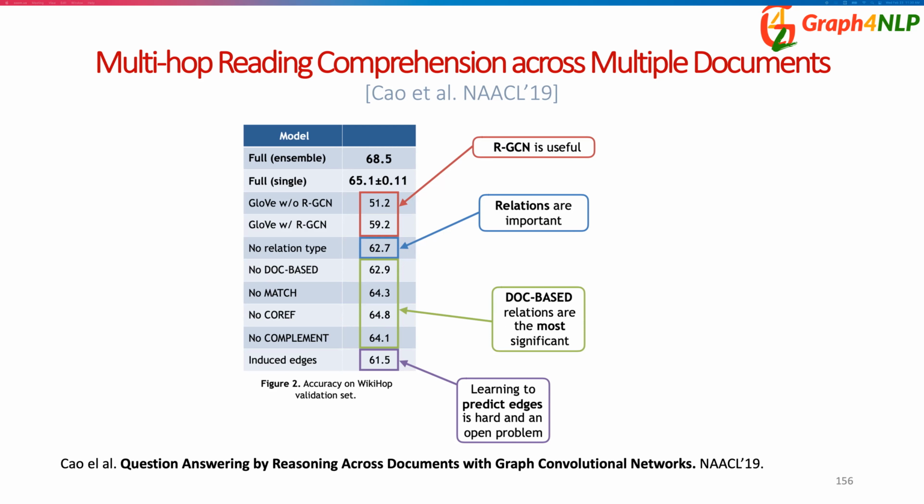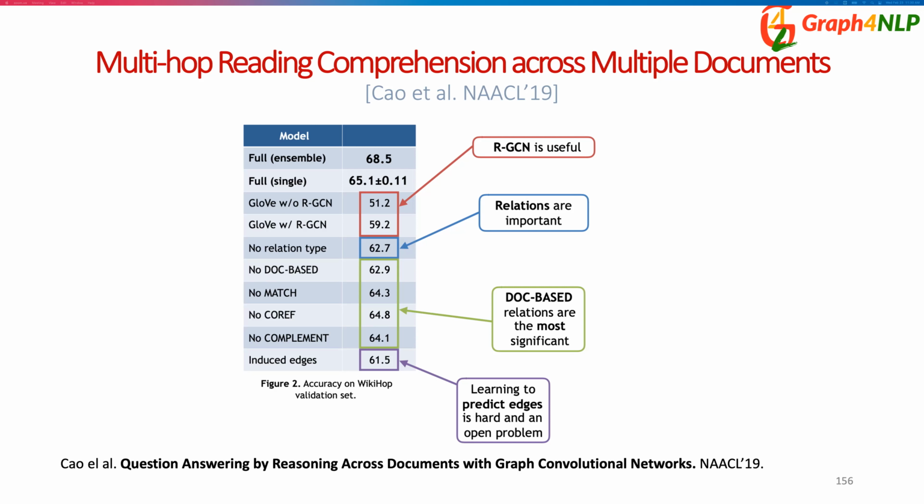Especially if you look at the correct and complement, they're definitely less important than the match one, because based on exact match, that captures the most important and reliable information. The correct may not be as important, potentially not because correct is not important, but potentially because correct itself is a very hard task. The out-of-box model may not perform as well as it could to truly reflect the correct relationship.